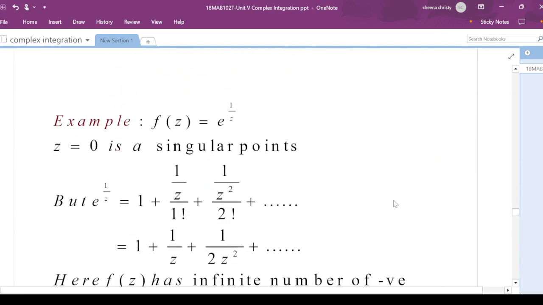Now come to this example, e power 1 by z. By equating this denominator z to 0, you are getting z equal to 0 is a singular point.